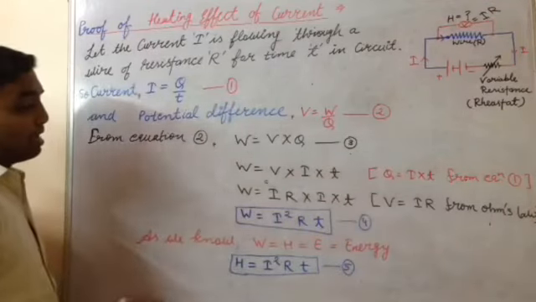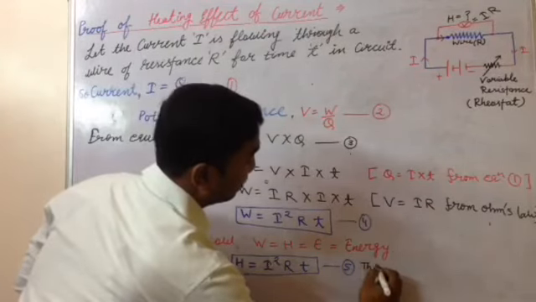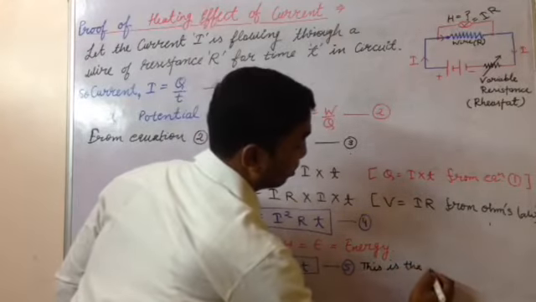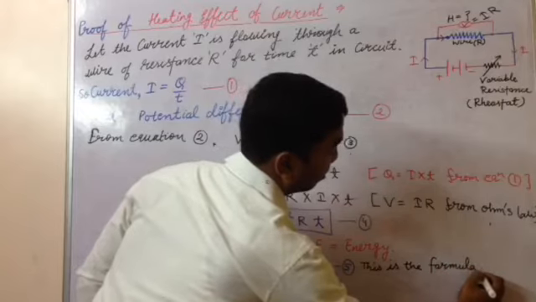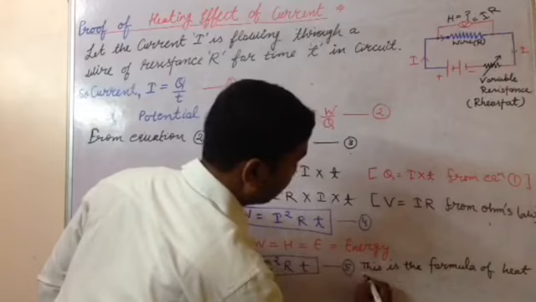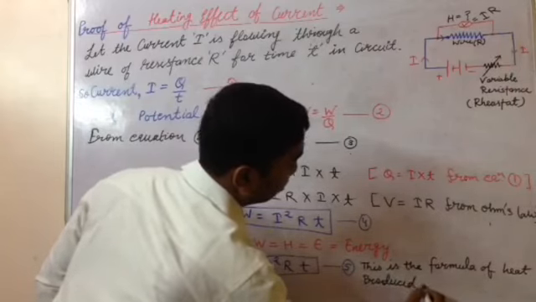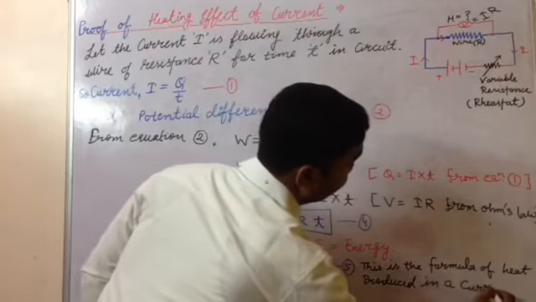At last you will write, this is the formula of heat produced in a current carrying wire.